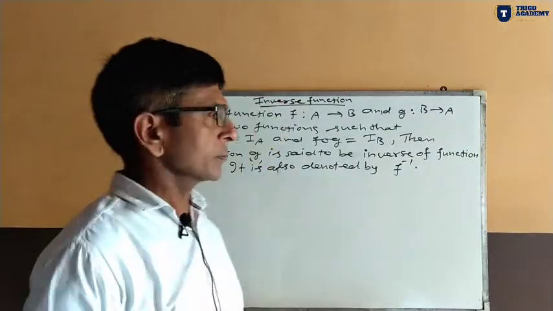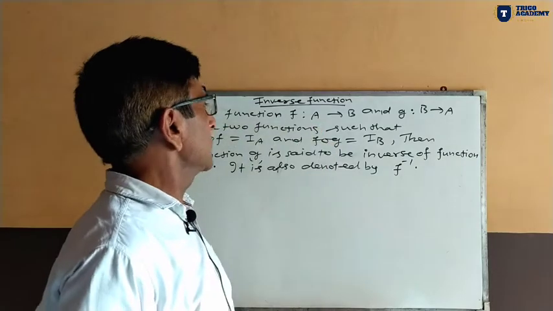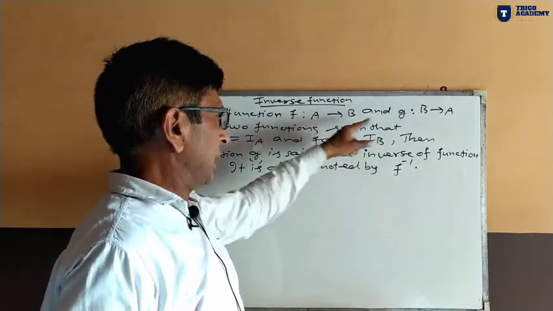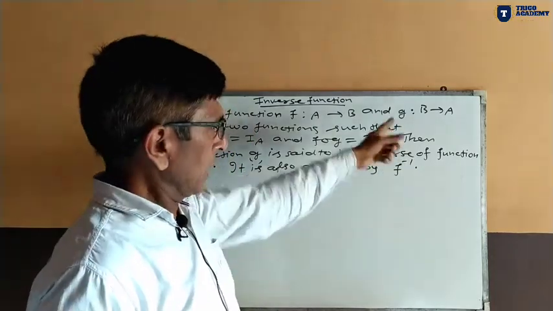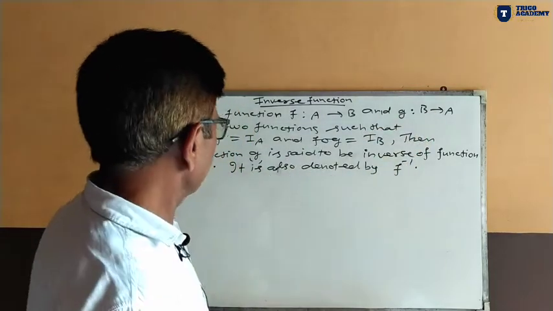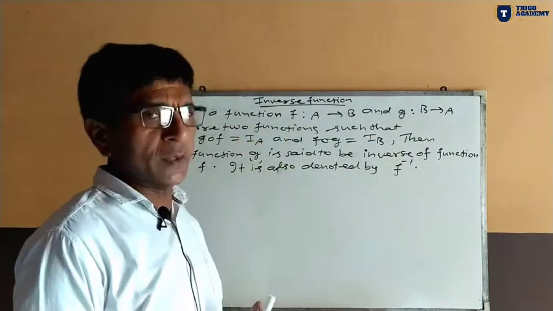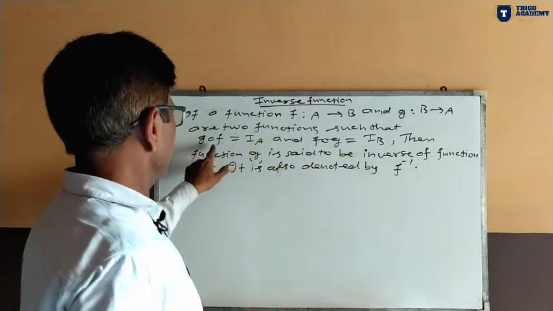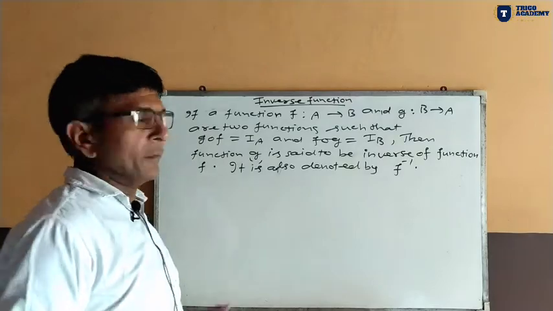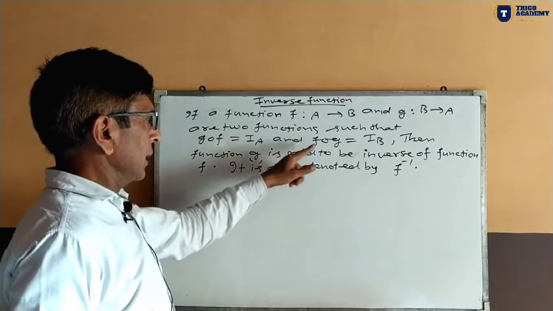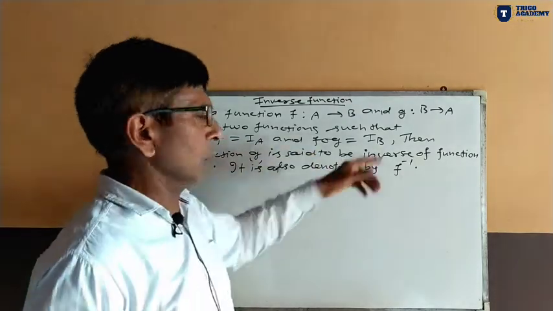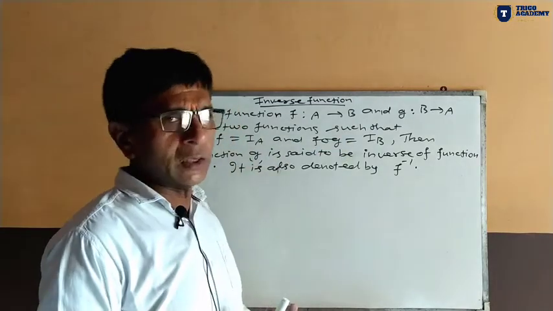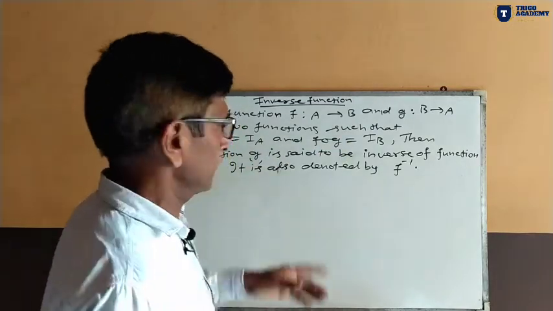It means there are two functions f and g. Function f defined from A to B and function g defined from B to A. These are two functions which follow these conditions that GOF equals IA and FOG equals IB. Here IA and IB are two identity functions.